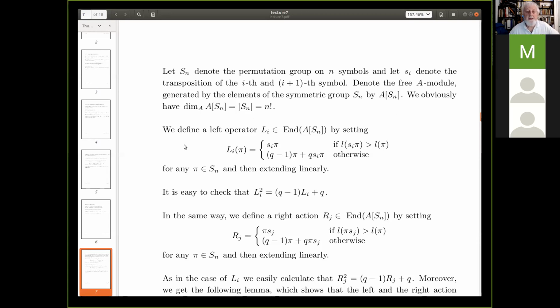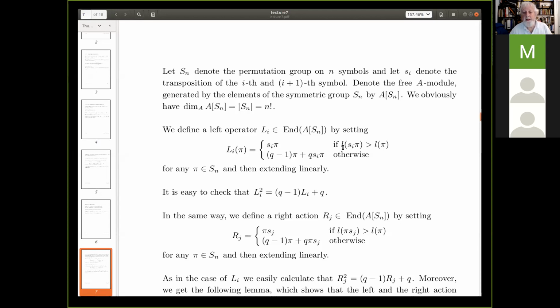Now we're going to define a left operator, Li, in endomorphisms of ASn with the following rule. So Li of pi, well, because it's a left operator, this is what we expect. We multiply pi on the left by Si. And that's fine if we don't get any cancellation.